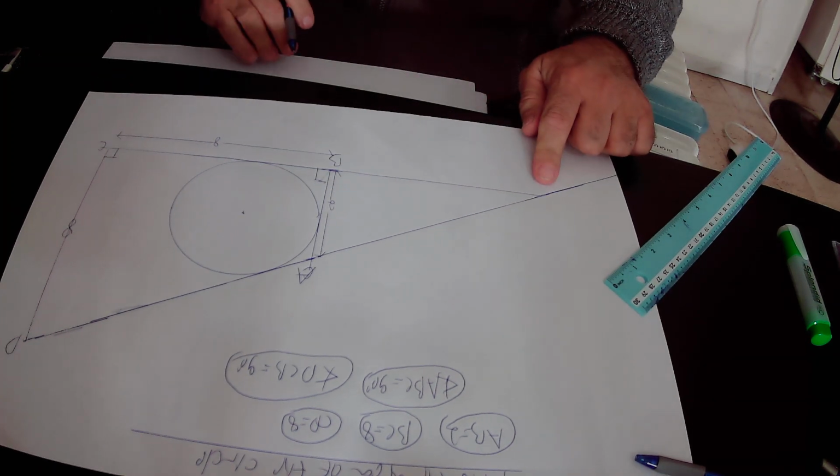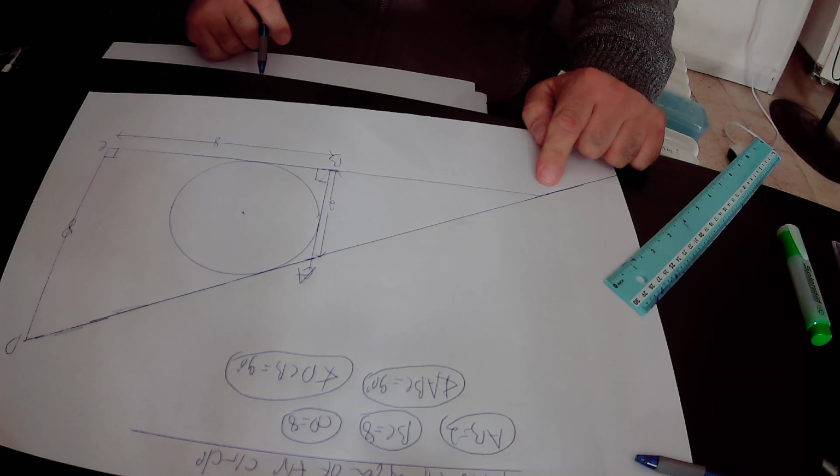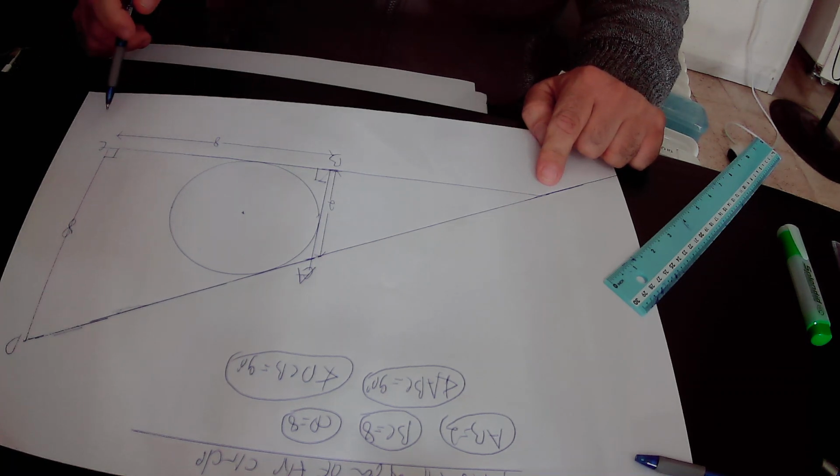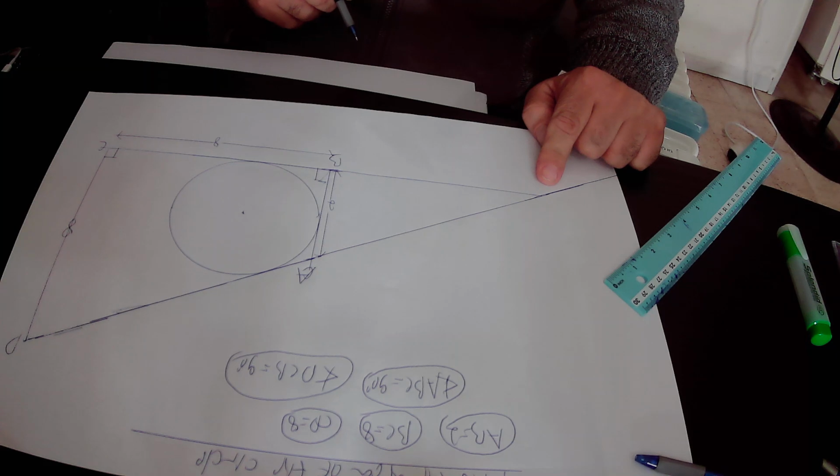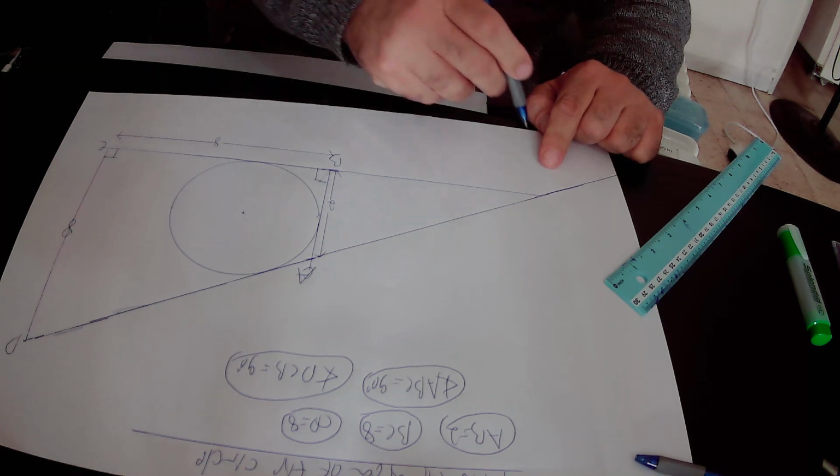Actually, this is the touching point of the extended side DA and side CB. We define the touching point, this point, as M.